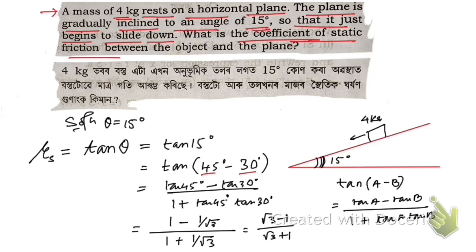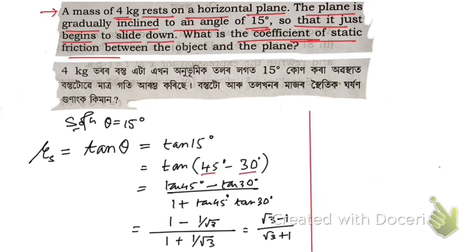Root 3 will be cancelled here. So now if we simplify this, just give me a second. Let me rationalize the denominator, root 3 plus 1. So let's multiply by root 3 minus 1 in the denominator, and it must be multiplied with the numerator as well.